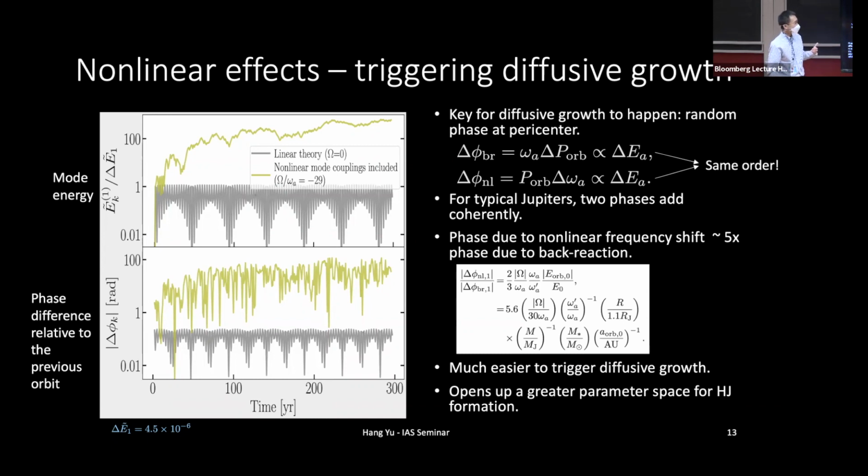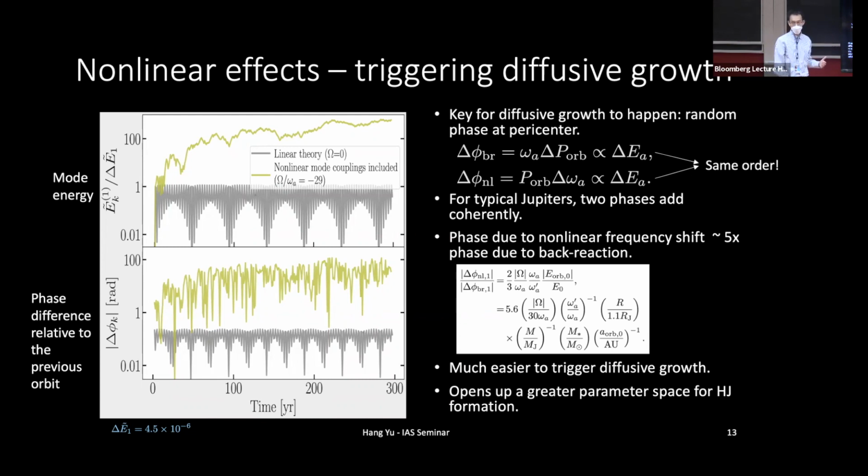More importantly, I want to emphasize that the phase shift due to this tidal back reaction and that due to this nonlinear interaction both scale linearly with the energy exchange at each pericenter passage. So formally, the two effects are of the same order of significance.